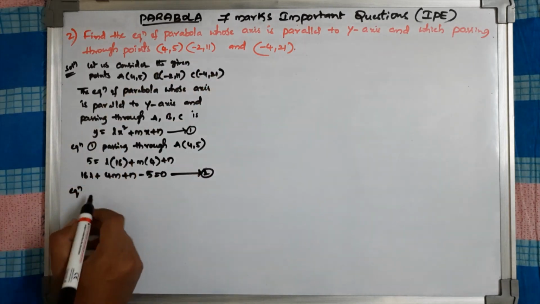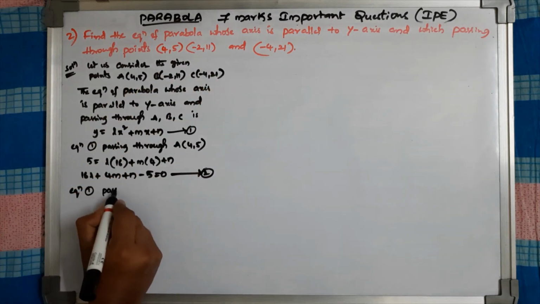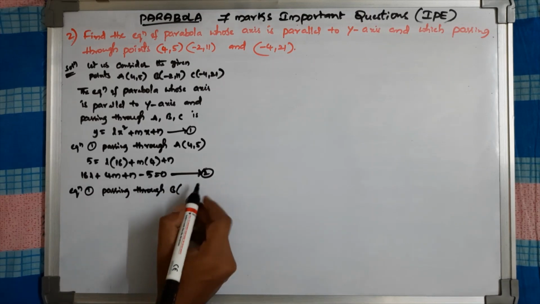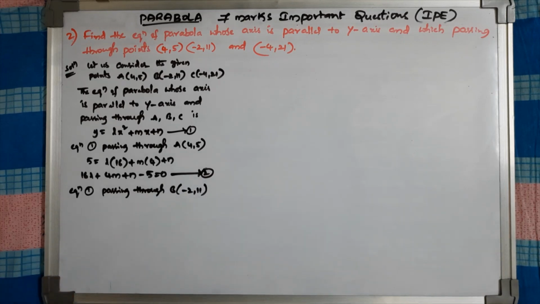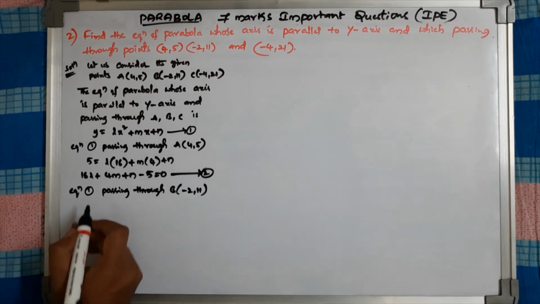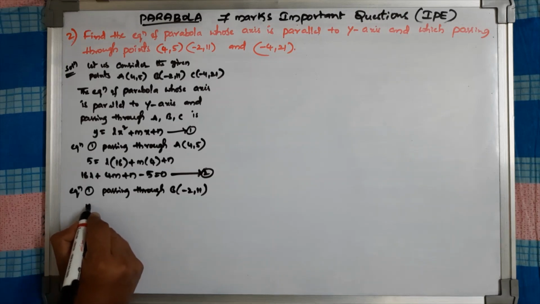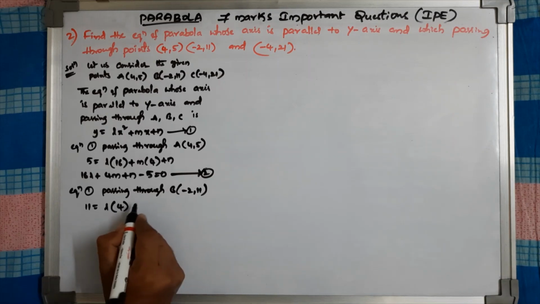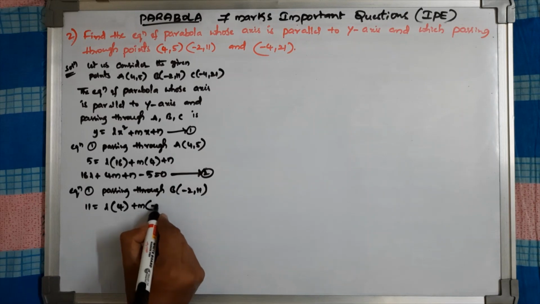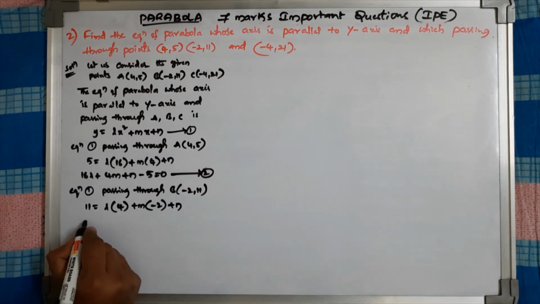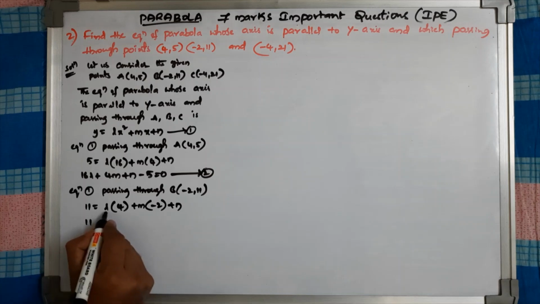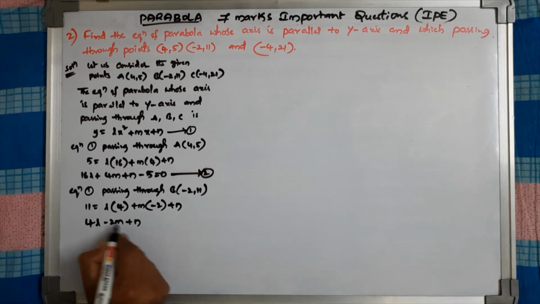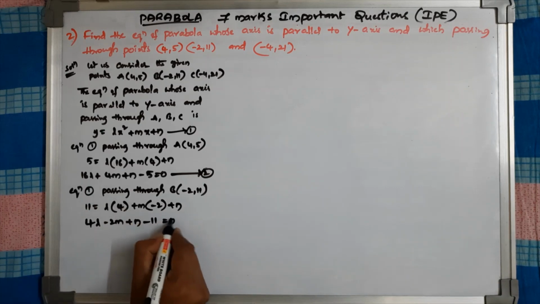Now take point B. Equation 1 passes through point B (-2, 11). Substituting, 11 = L into (-2)², that is 4, plus m into -2 plus n, so 4L - 2m + n - 11 = 0.